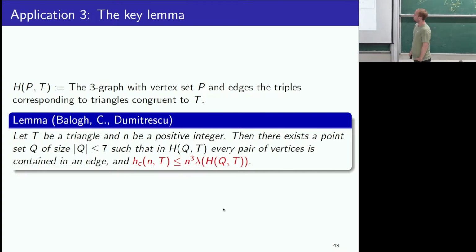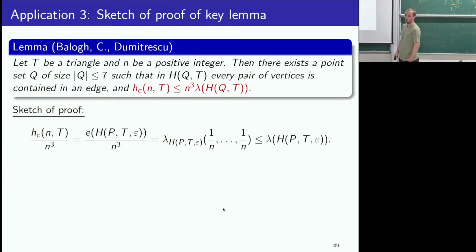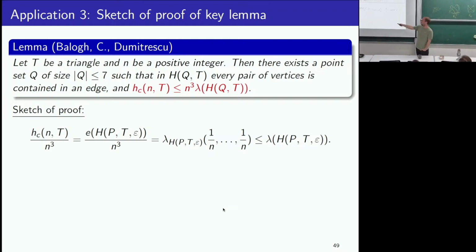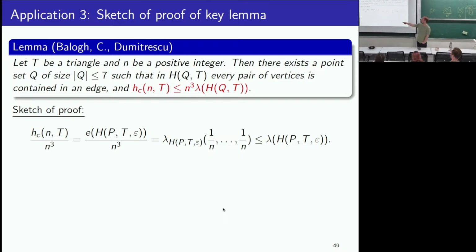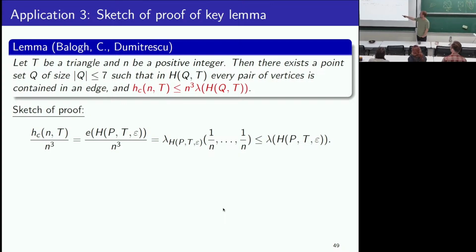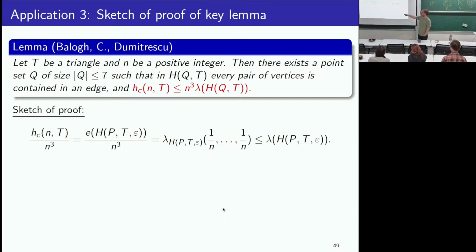Yeah. So I've prepared a heuristic proof for you, and I've prepared how we want to use it. So I'm going to start with a heuristic justification why this lemma could be true. Okay, so we want to understand the max number of almost congruent triangles to some given one, and we already know this is precisely the number of edges in the almost auxiliary 3-graph, as long as we choose the epsilon small enough.